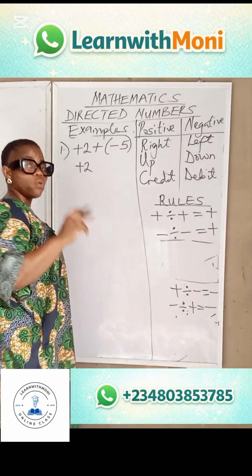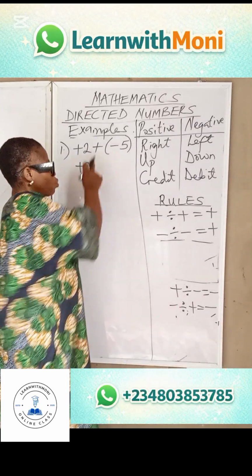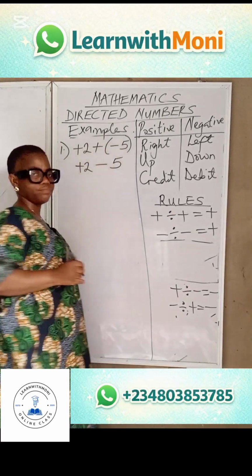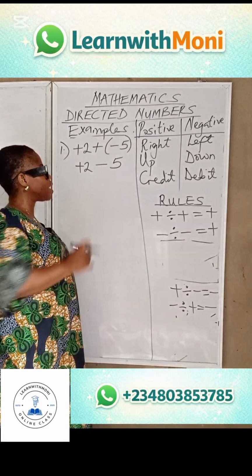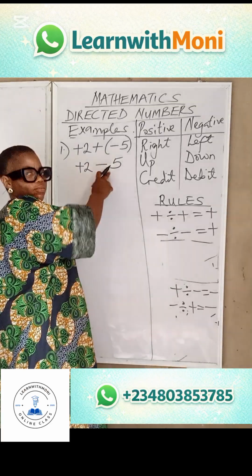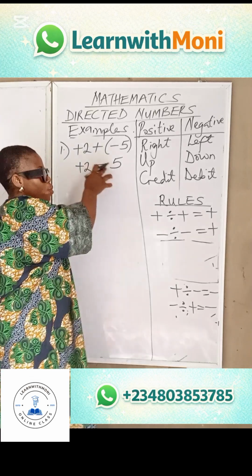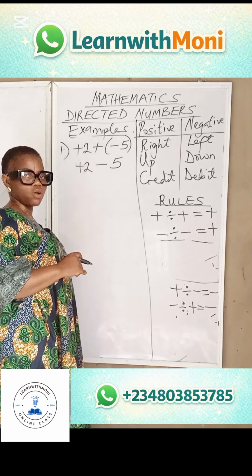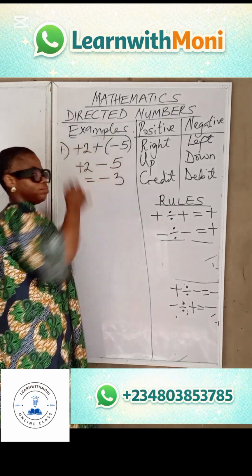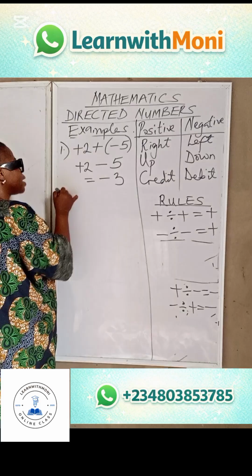We have seen that when the signs are different, the result is negative. So plus times minus is minus 5. That means what I have here is plus 2. I have 2 in my pocket, minus 5. I am owing 5. When I have 2 in my pocket and I am owing 5, what is the result of that situation? It means I am still owing 3. That is minus 3.